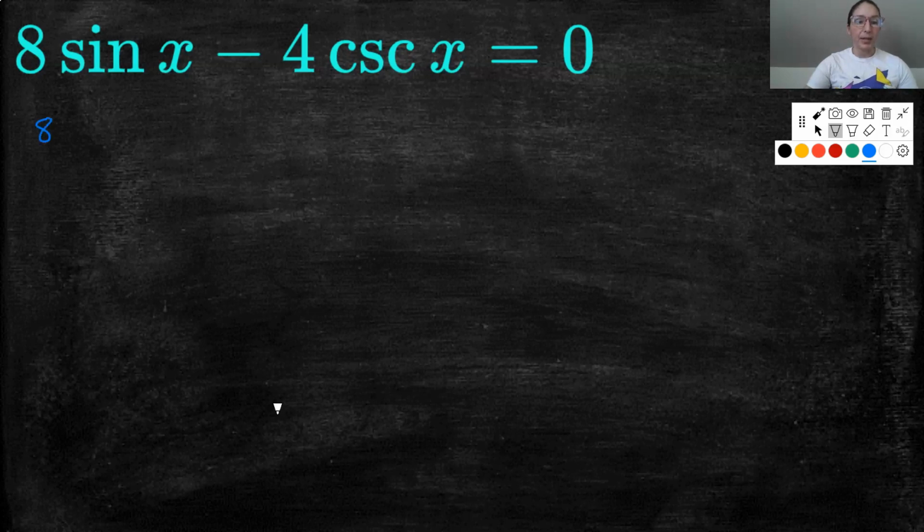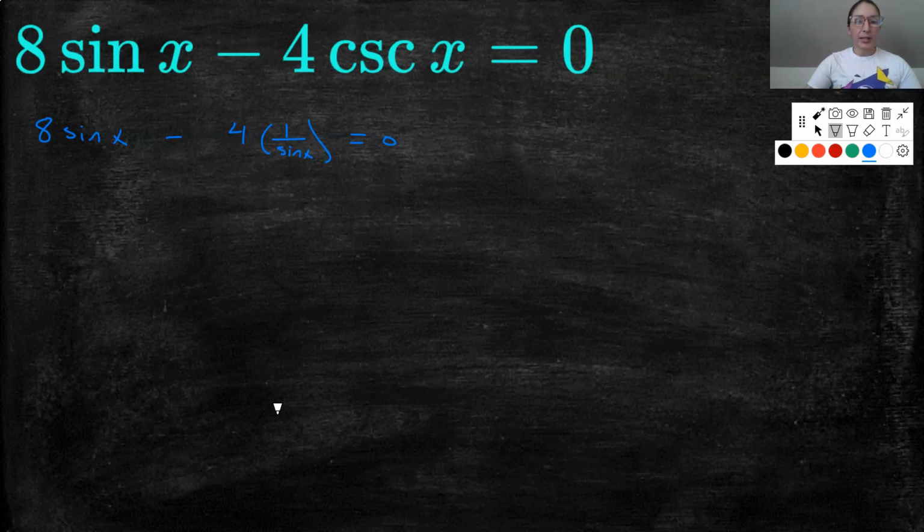So I can actually rewrite this: 8 sine of x minus 4 times 1 over sine of x equals 0. Now everything is in terms of the same trig function, right? Because I transformed cosecant into sine by using the reciprocal identity.